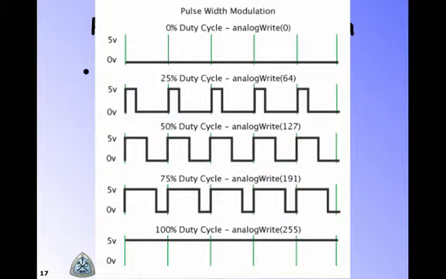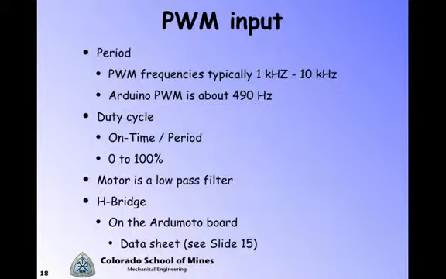Okay, so the period is the frequency at which this PWM process is being cycled. Generally on most systems it runs from 1 kilohertz up to 10 kilohertz. There are lots of commercial systems that do PWM at 10 kilohertz.